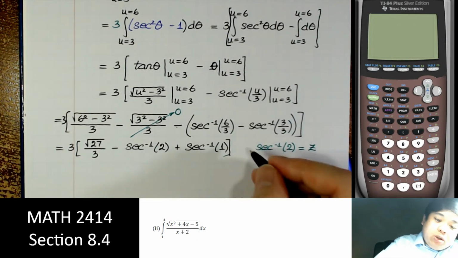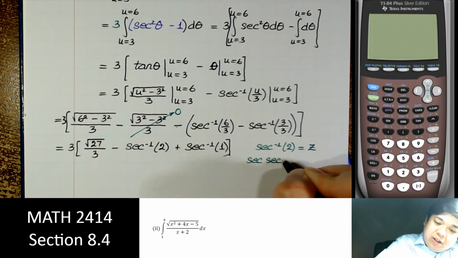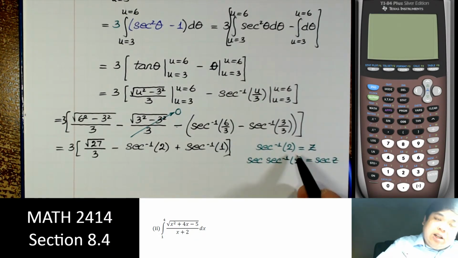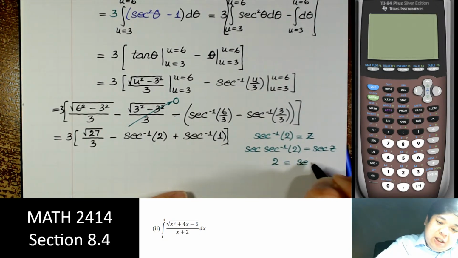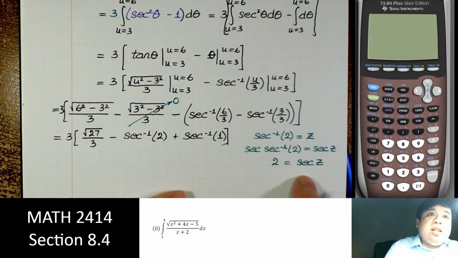Take the secant on both sides. So we have secant of secant inverse of 2 equal to secant of z. Secant cancels secant inverse. We have 2 equal to secant of z. And secant is the reciprocal of cosine.